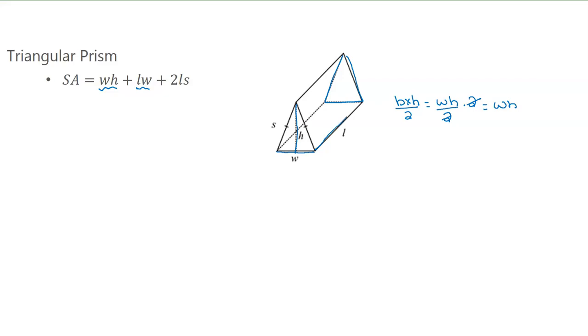So here is L and here is W. So LW represents the bottom of the triangular prism. Then 2LS. There's the length, and S is right here along this side. So that represents the side, and because the two side lengths here are equal, the two sides of the triangular prism are equal. So that's where we get 2LS from.